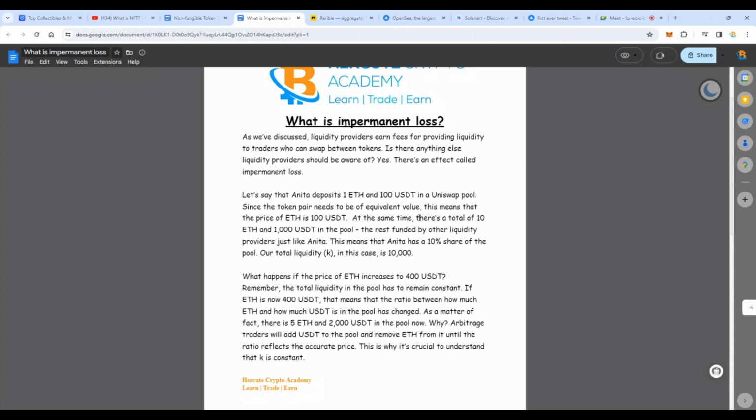After Anita has added her 1 Ethereum and 100 USDT, we now have a total of 10 Ethereums and 1000 USDT, meaning the other 9 Ethereums and $900 were put in previously by other liquidity providers, just like Anita. This means that Anita now has a 10% share of the pool. Does that make sense to everyone? Anita now has a 10% share of the pool, because of what she just provided.